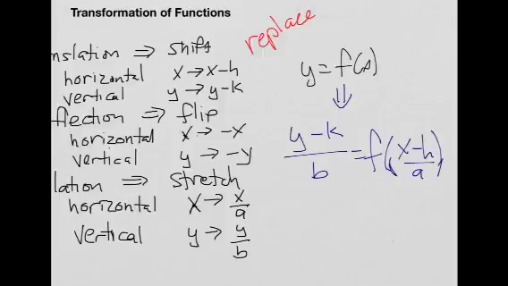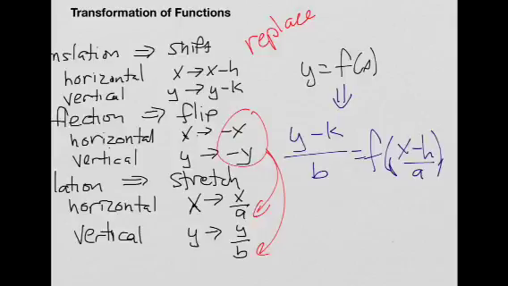Now, you notice I didn't do anything about the reflection, because basically we can take this reflection and put it into the dilation factor. So if it's reflected, my dilation will be negative, and if it's not reflected, my dilation will be positive.